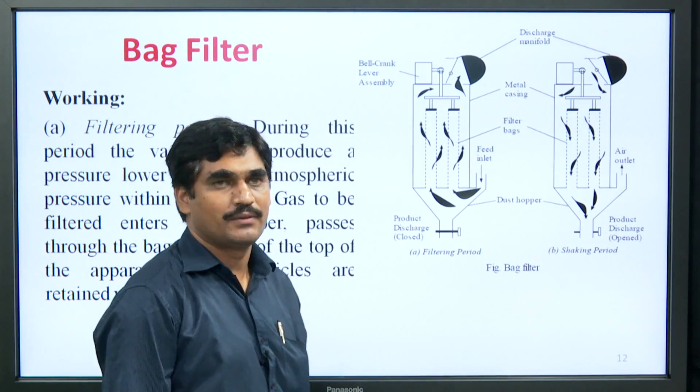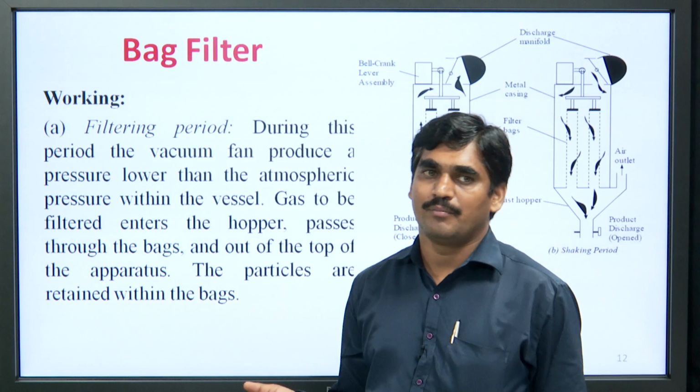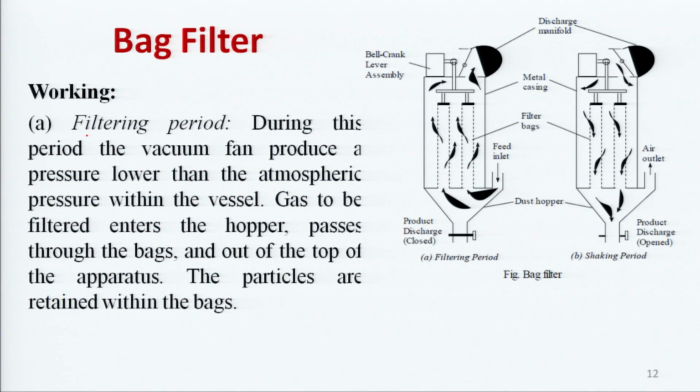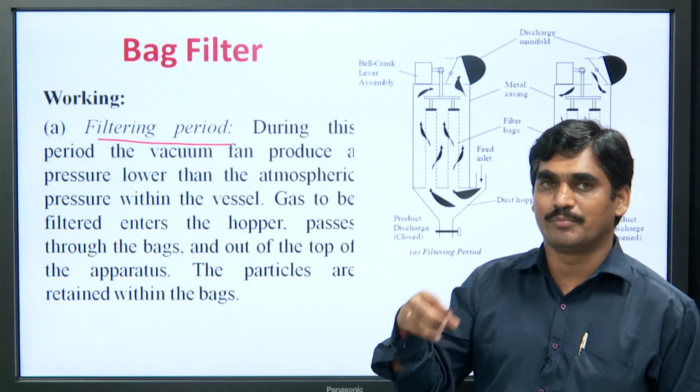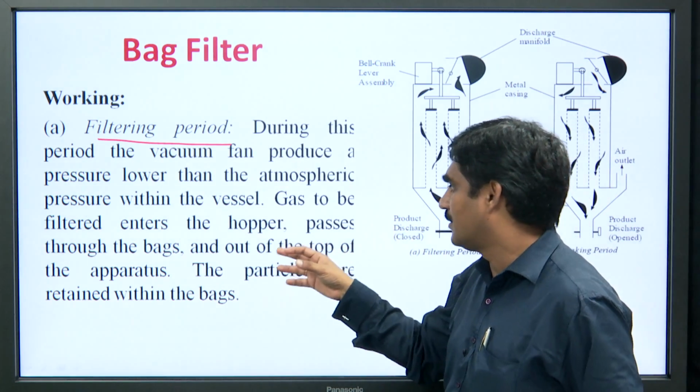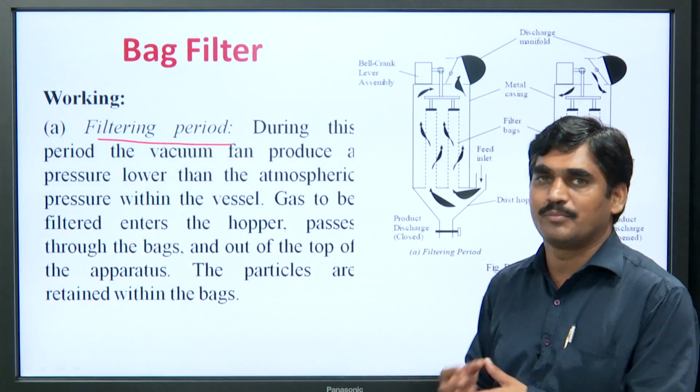Working of this bag filter, as I have previously explained, it operates in two steps. First is the filtering period. During this period the vacuum fan produces a pressure lower than the atmospheric pressure within this vessel. Gas to be filtered enters the hopper, passes through the bags and out of the top of the apparatus.